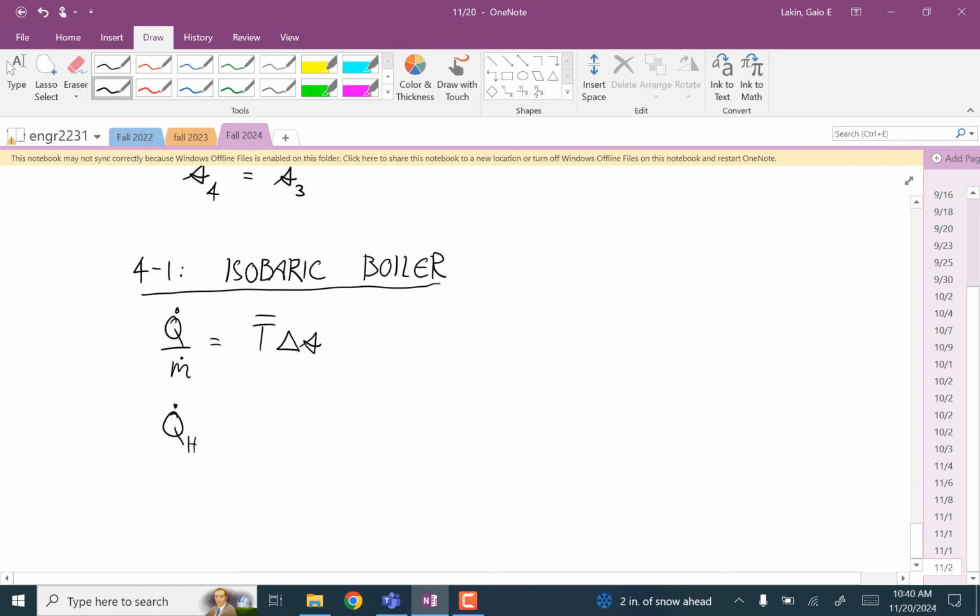So we can replace this with QH dot over M dot is equal to the temperature at the boiler times the change in specific entropy.